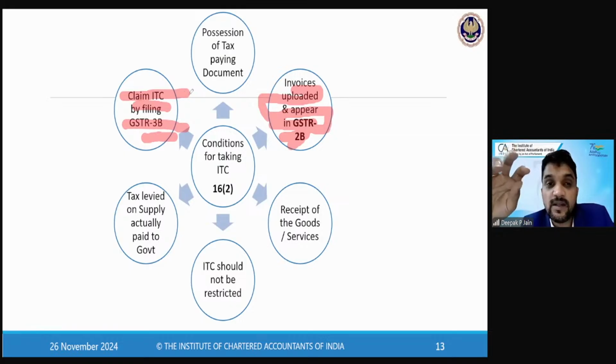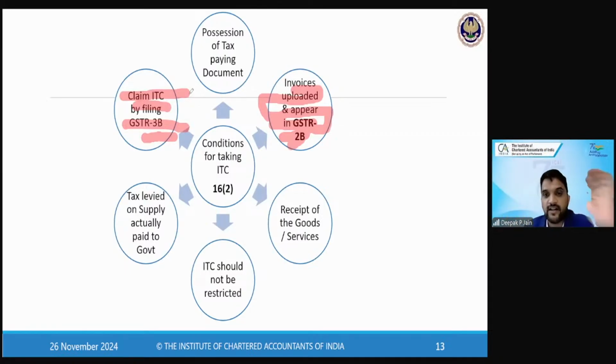Once the supplier satisfies all of these 5 conditions, then the receiver has to claim the ITC by filing GSTR 3B. Fine. So these are the 6 conditions which you have to satisfy to claim the credit.